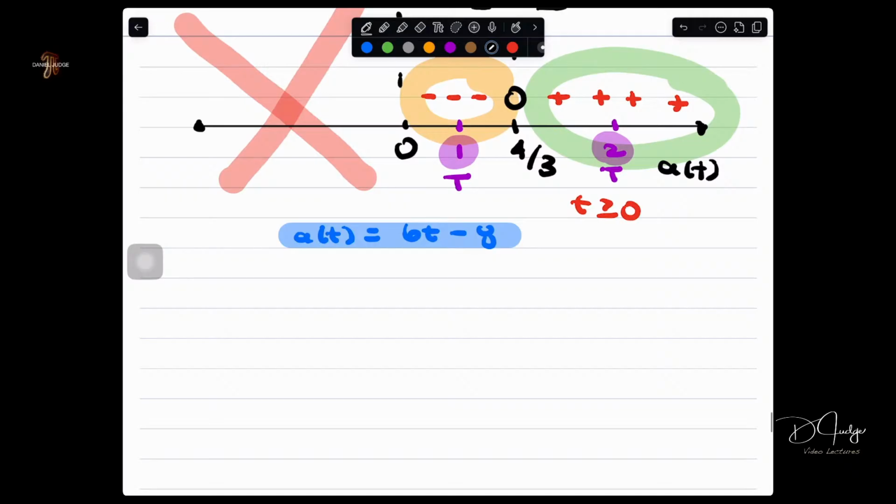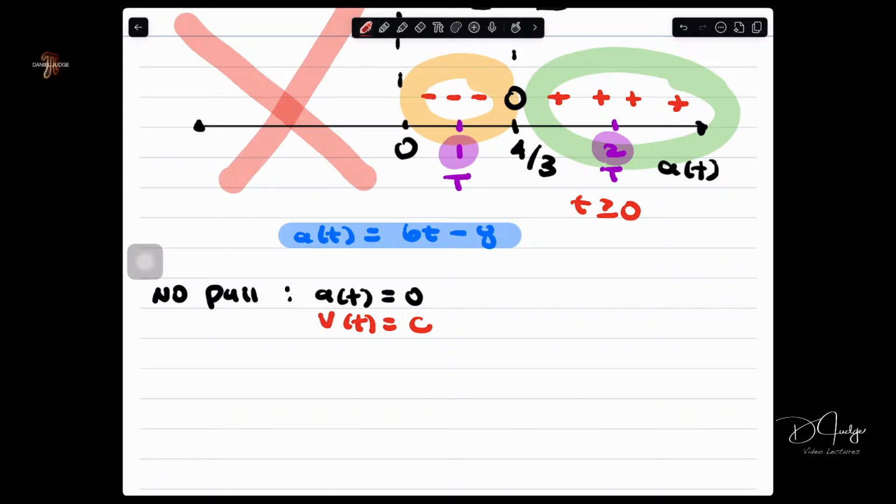So the first thing we want to know is where there's no push or pull. That happens when your acceleration is 0. That's also when you have, by the way, constant velocity. You'll have no push or pull because that means acceleration will be 0.